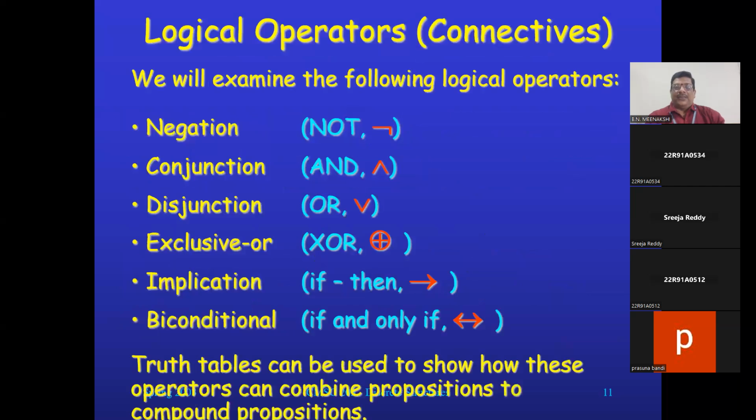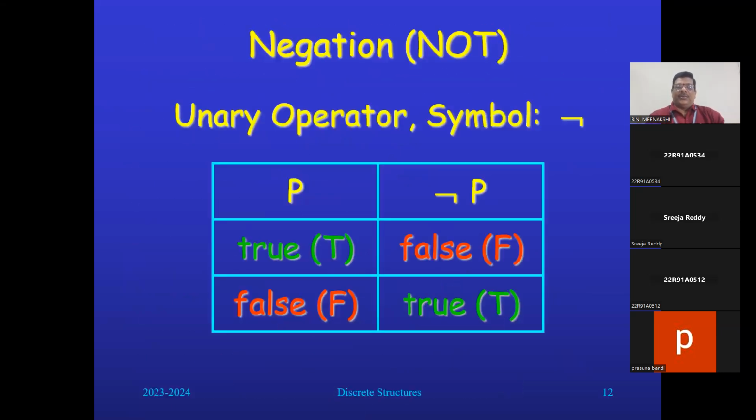Then, what are the different logical operators? These are the different logical operators: negation, conjunction, disjunction, exclusive or, implication, and biconditional. So, what is negation? If the value of P is true, the negation of P is false.